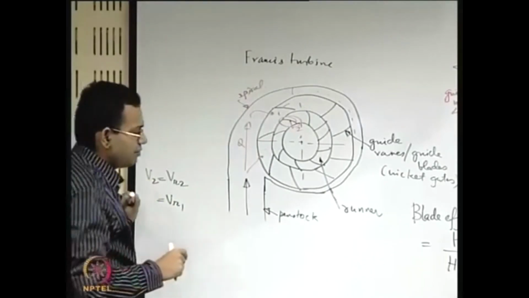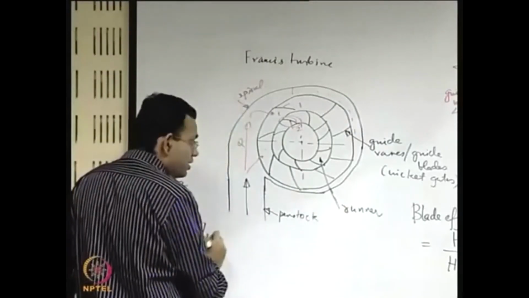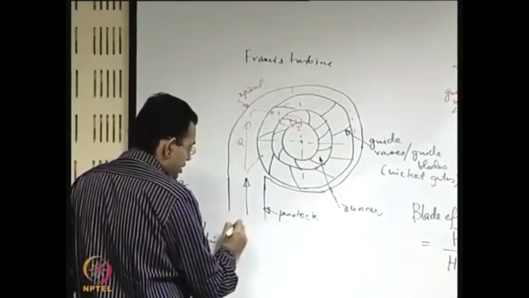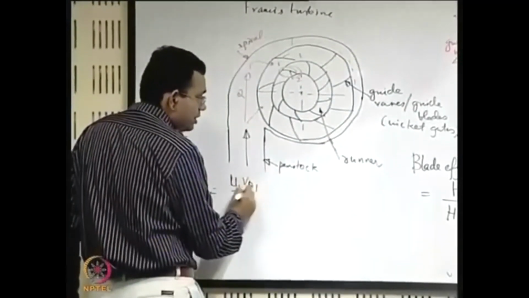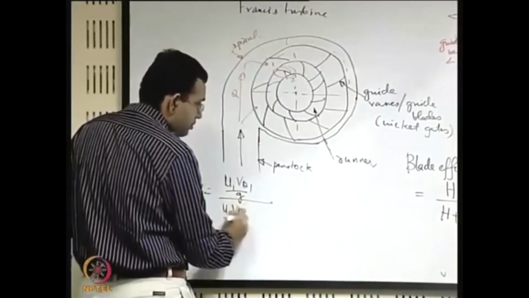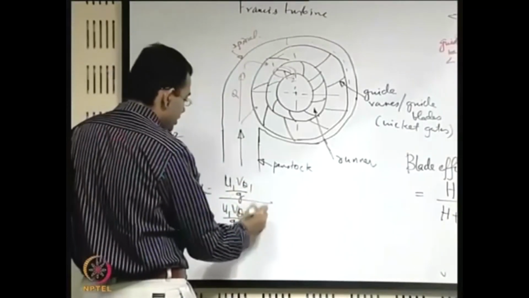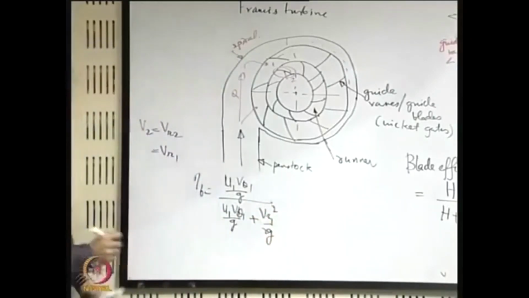So that means you can write this as, if you consider V theta 2 as 0, U1 V theta 1 by G divided by U1 V theta 1 by G plus VR1 square by 2G, right.